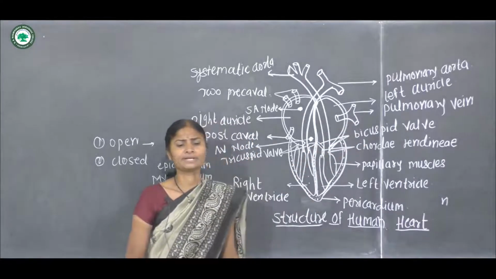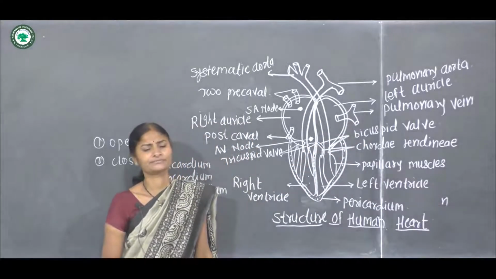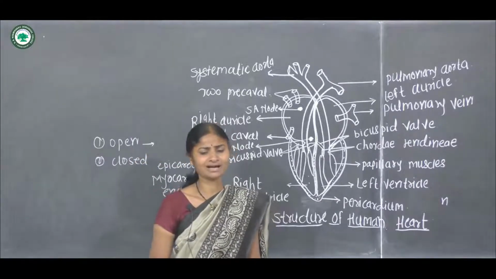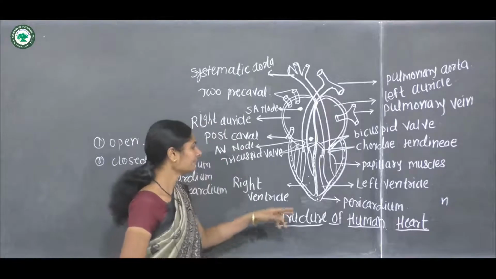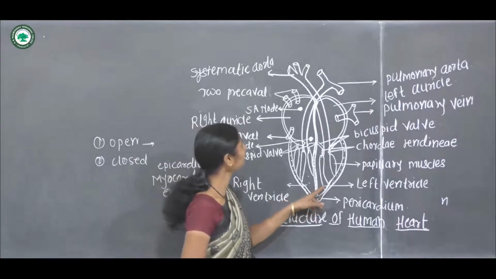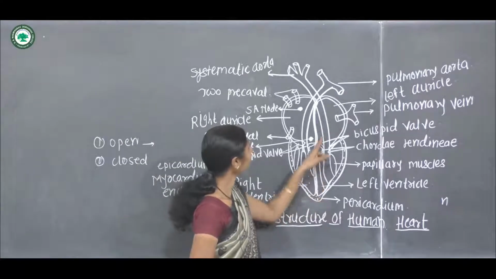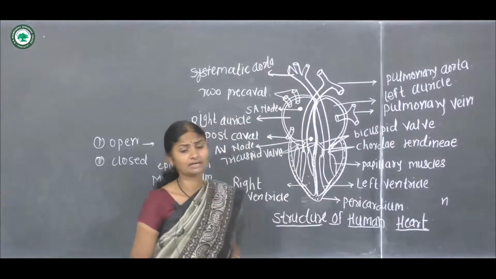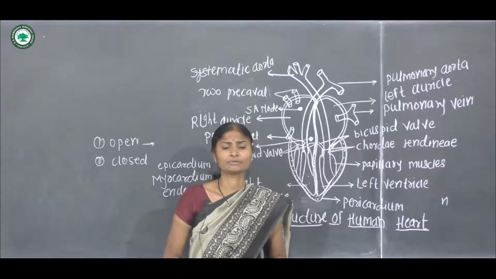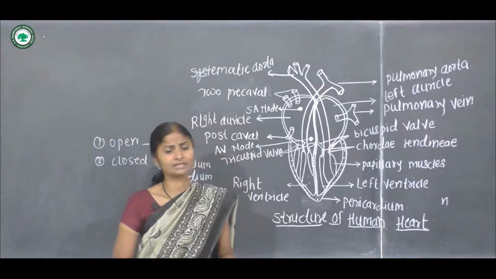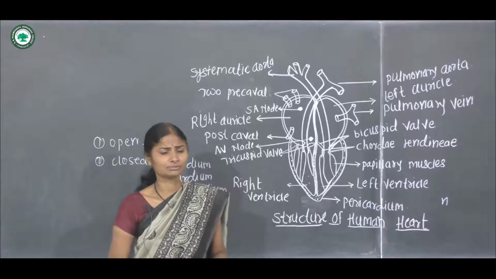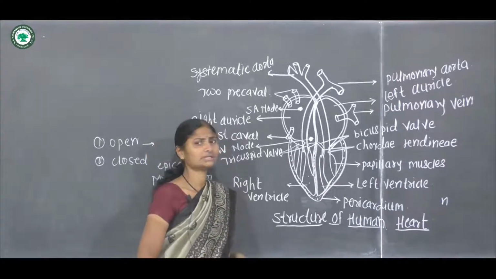Two main blood vessels carry blood from the ventricles. One large aortic arch carries blood from the left ventricle. Here the systemic aorta carries blood from the left ventricle and supplies it to the different parts of the body except the lungs.